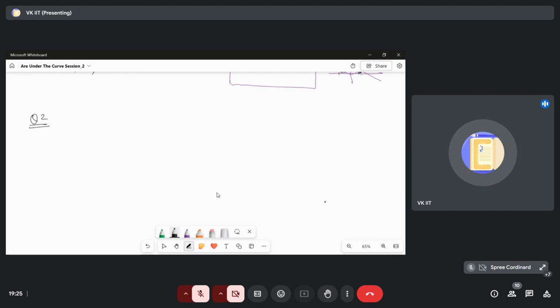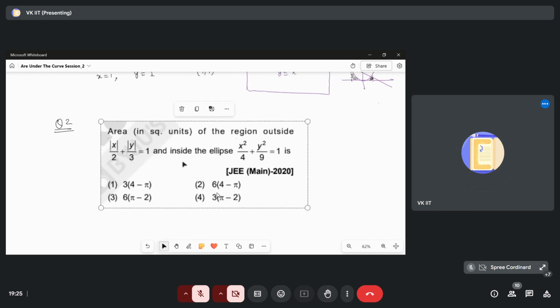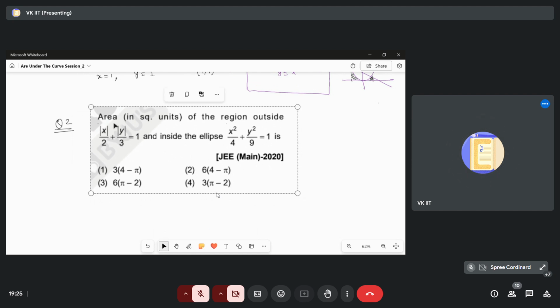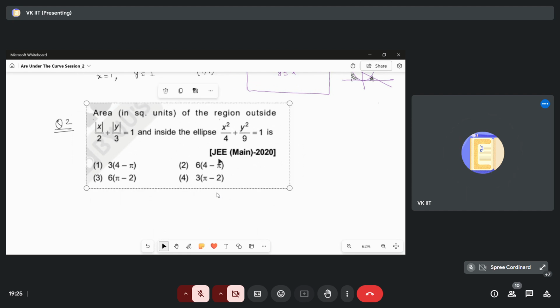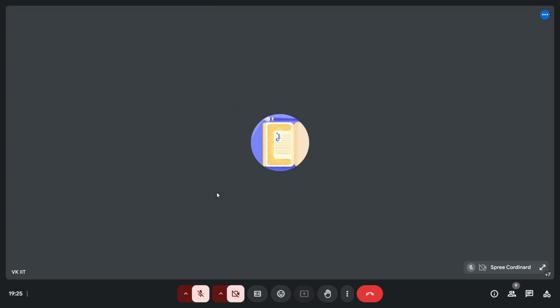For the next question also, one second, I have an image, so I'll directly paste that. Yes, this is the question. Try this question.